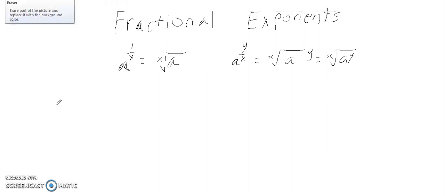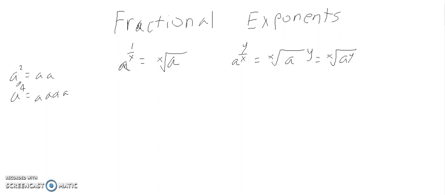Now, we're going to keep going with squaring, and this is going to help illustrate how we get into the fractions here. I say so a lot. A squared is 2 a's, a to the fourth is 4 a's, because we're doubling.